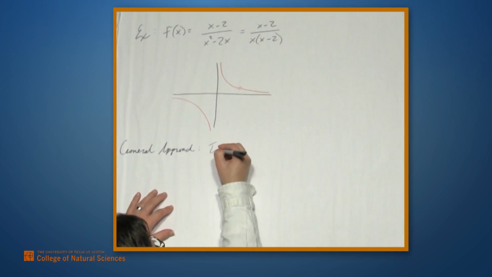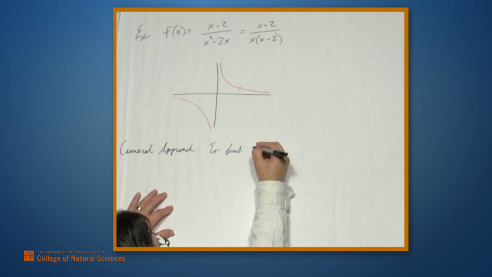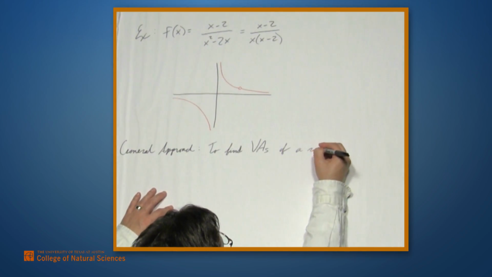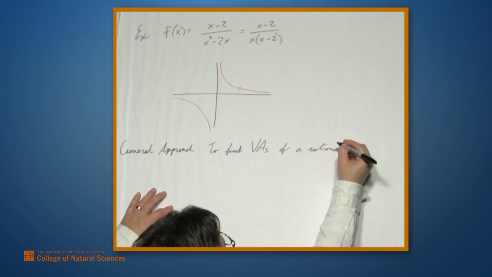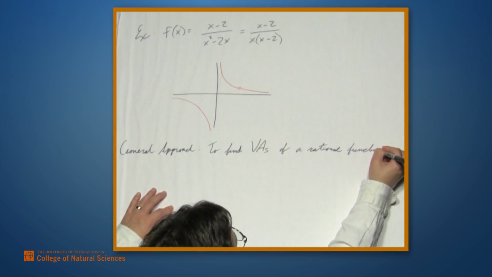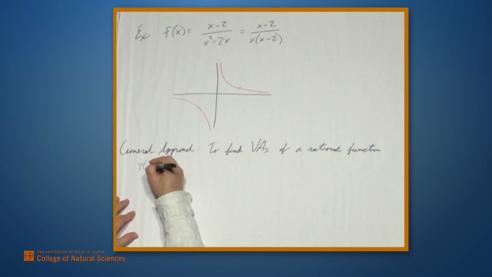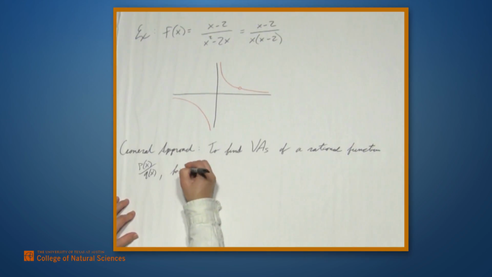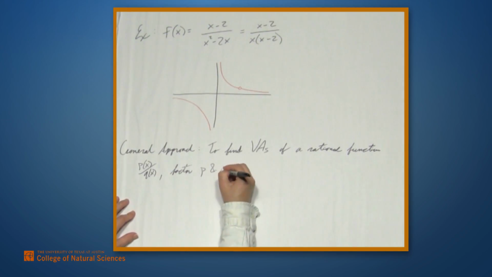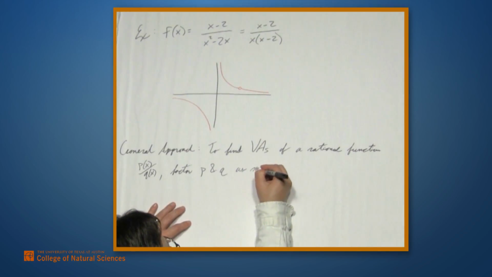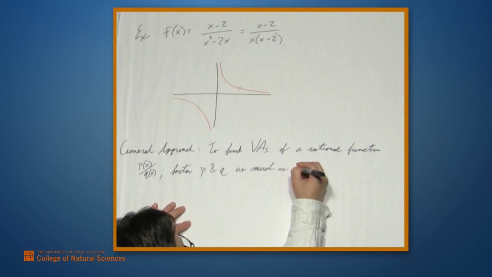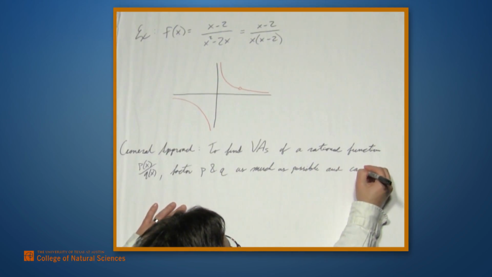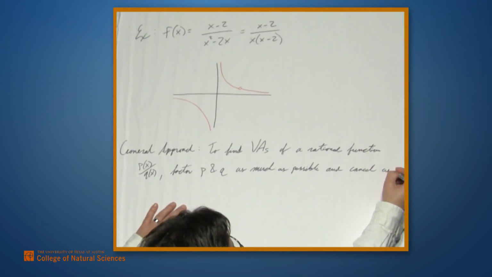So to find vertical asymptotes of a rational function p of x over q of x, factor p and q as much as possible, and cancel as much as possible.